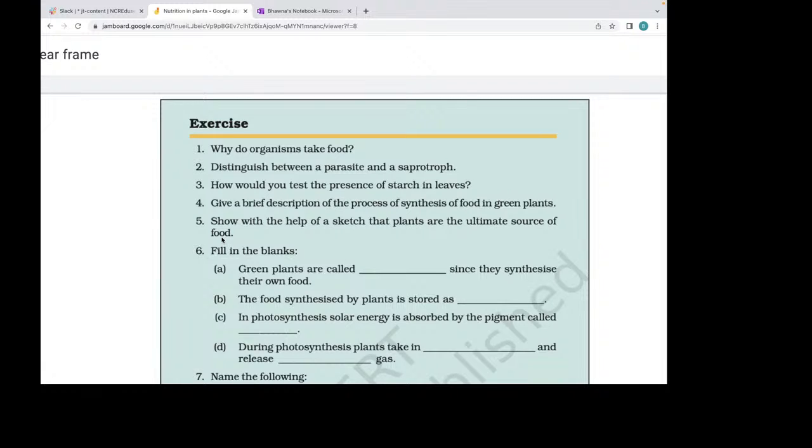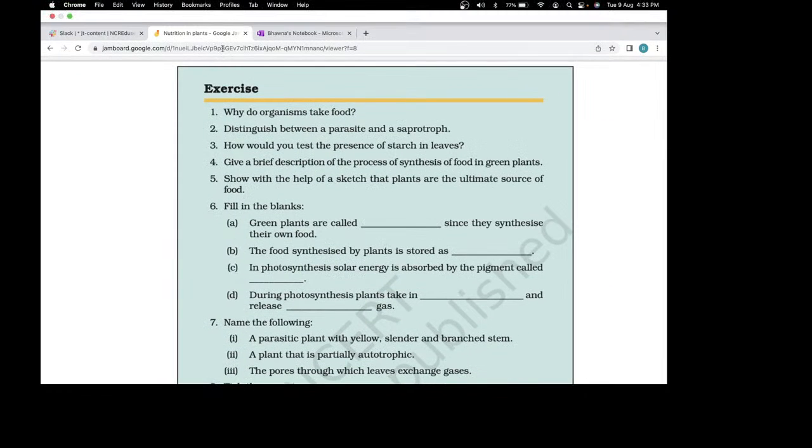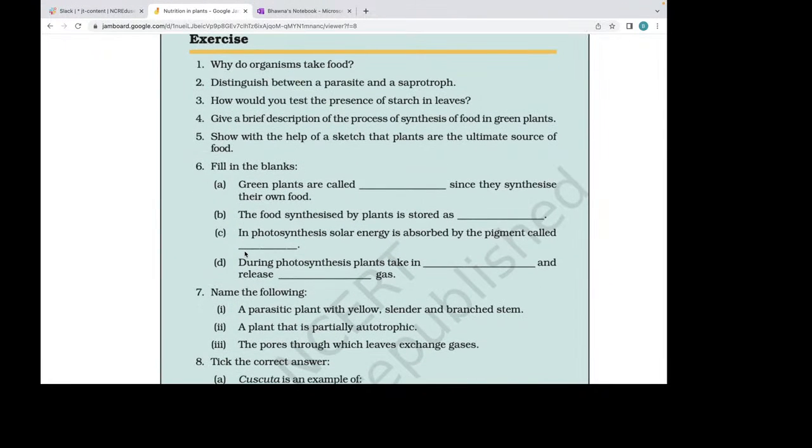Okay, now fill in the blanks. Green plants are called something since they synthesize their own food. So they are called autotrophs. Because they make their own food, we call them autotrophs. They have the autotrophic mode of nutrition.